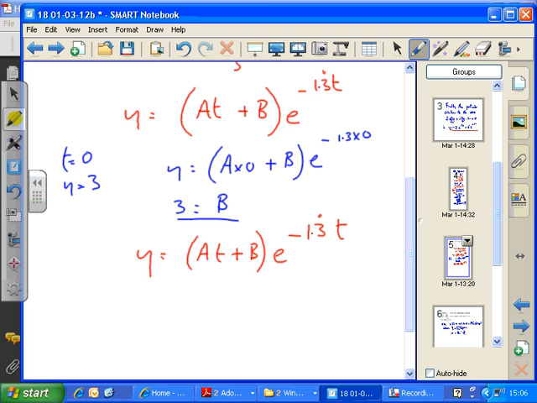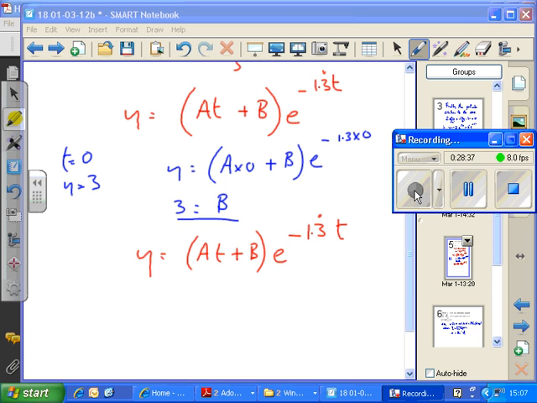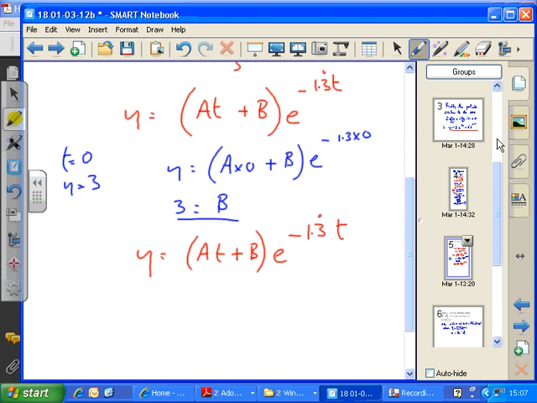We need to differentiate this. Now, I'm going to leave you with this, and we'll start it next time. I'll just start you off and remind you of what is involved. I've got a function here, and I've got to differentiate with respect to t.